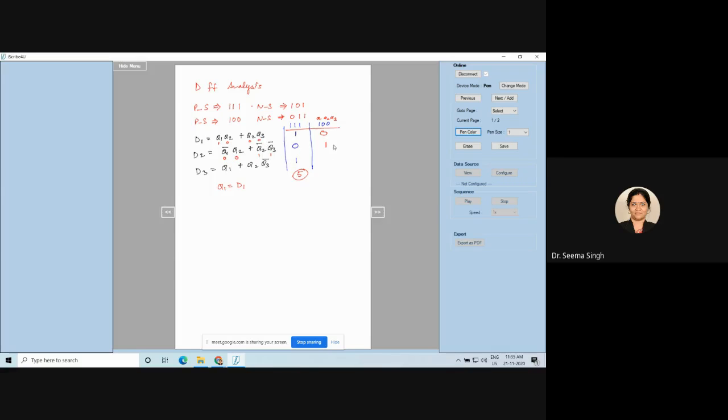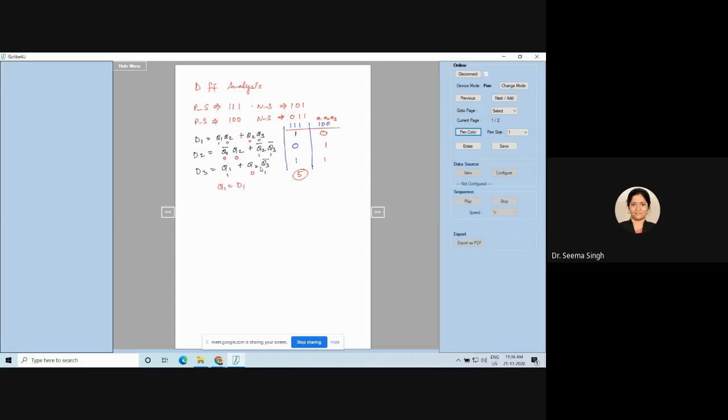Now, is it clear or not? Yes, ma'am. Now for D3, Q1 is 1, Q2 is 0, and Q3 was 0, so Q3 bar becomes a 1. So 1 here ORed with the AND of 0 and 1. This is 0 only. So 1 ORed with 0 will give me 1.